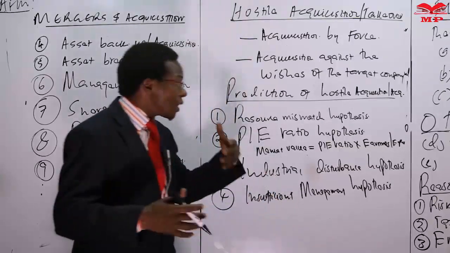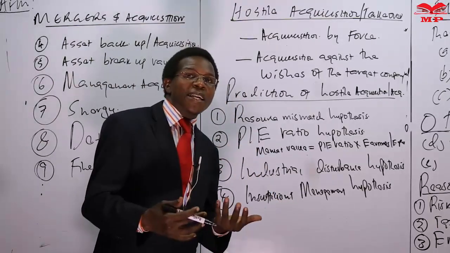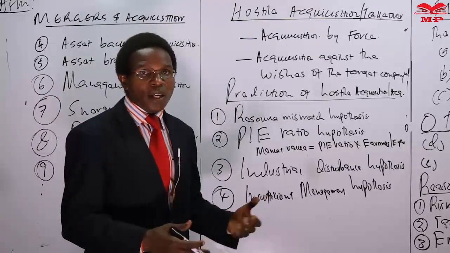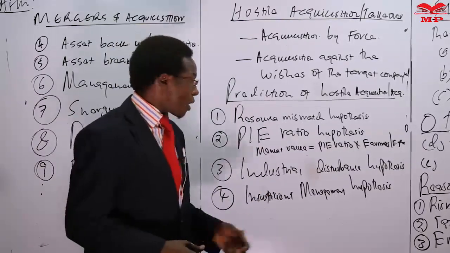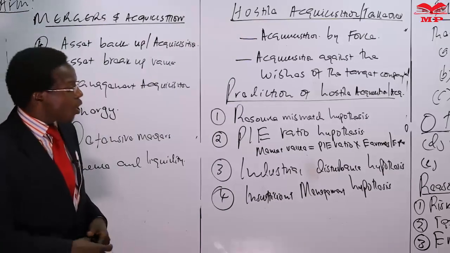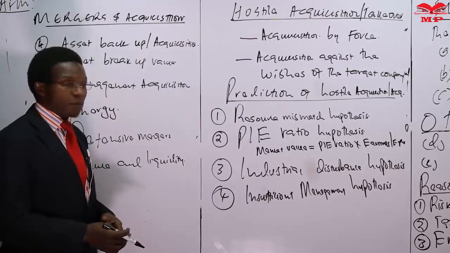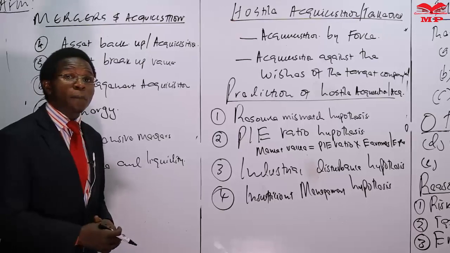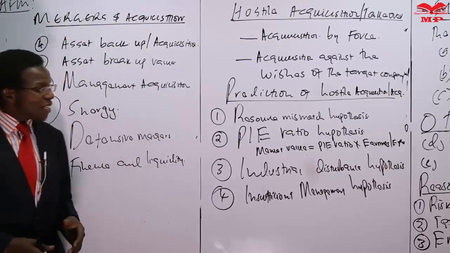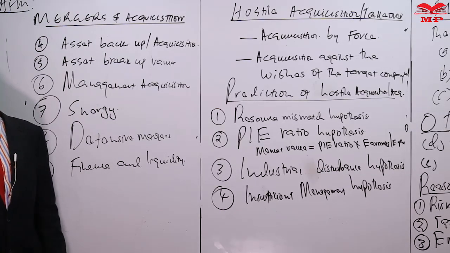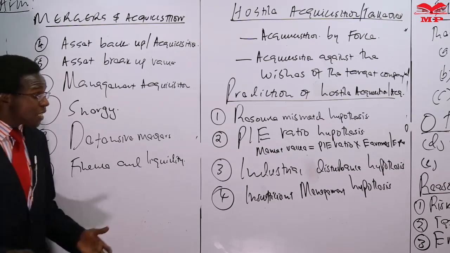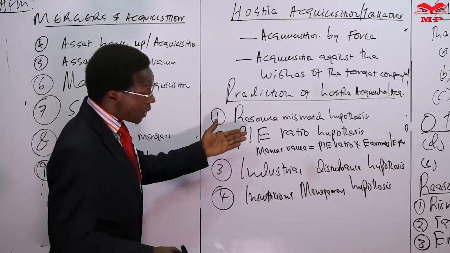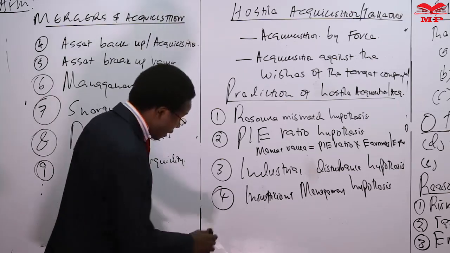That means the company can easily be taken over by the predator. That is the case when we have insufficient management, or management that does not have the proper knowledge and skills of running that particular company. That means it has very high indications of being taken over.